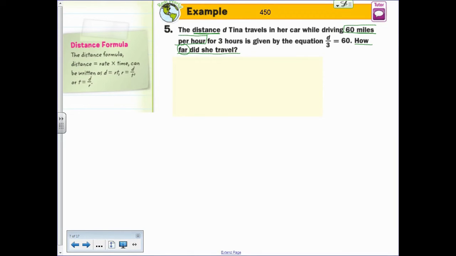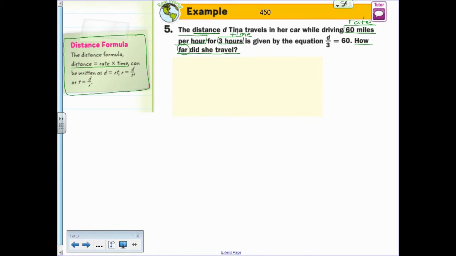We call that a rate. And then 3 hours is a time. You're going to see these types of problems creep up over and over again, where you have distance, rate, and time. And there are some formulas that are noted on page 450 in your textbook, that distance equals rate times time.